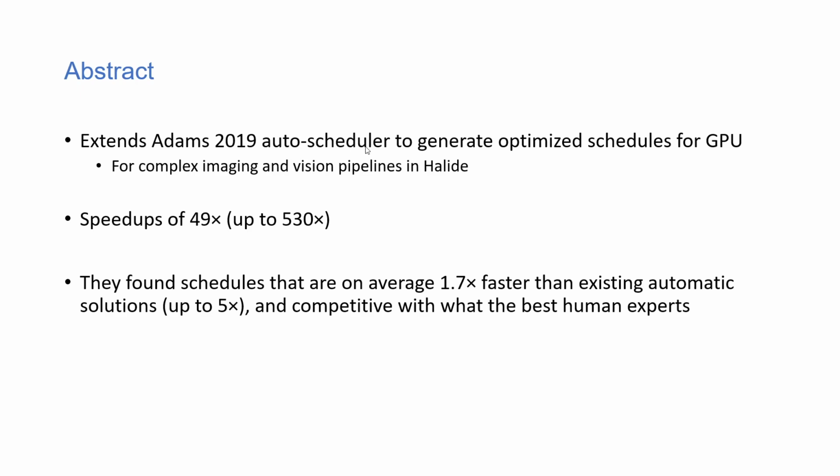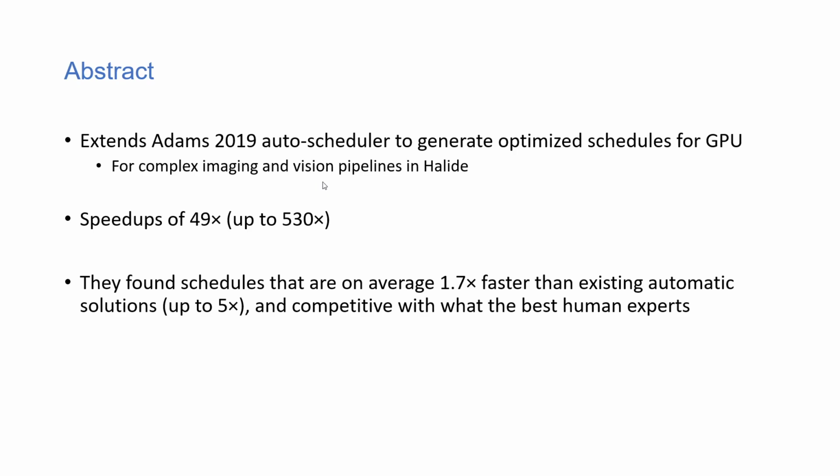This is basically extended to target GPUs, something that this autoscheduler was not able to do well before. And also the target is complex imaging and vision pipelines. That's one of the strong points of Halide. There are other similar DSLs that could target other applications, but Halide should be the best or one of the best for targeting this type of application.